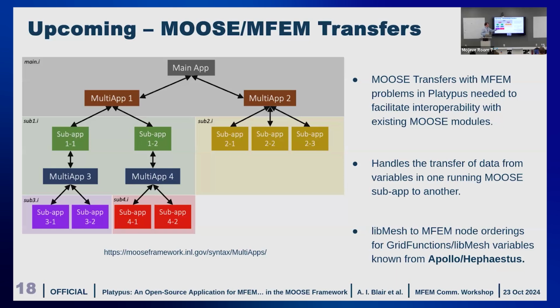So we're confident we know what those orderings are and how we can transfer that data, but we've yet to bring it across to the de facto sort of Moose framework.